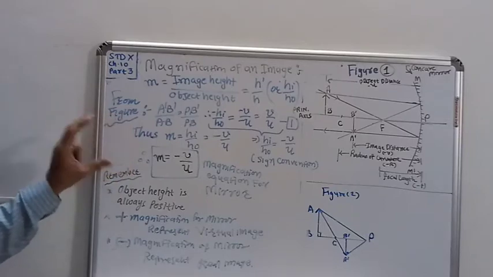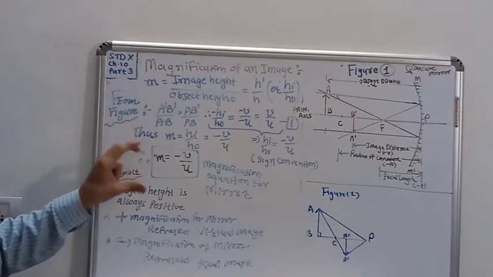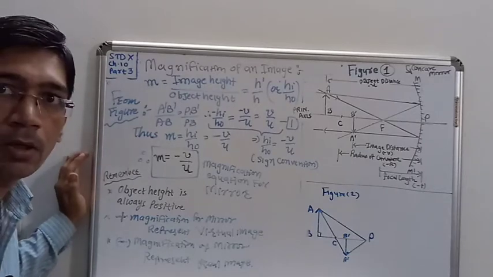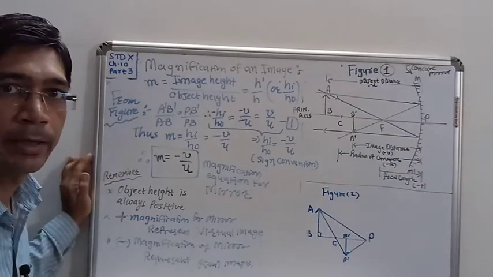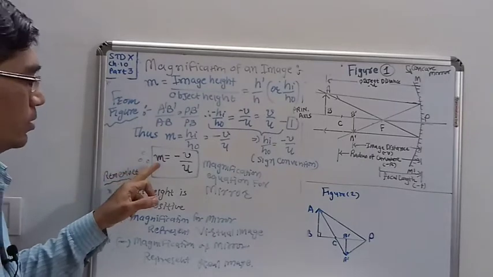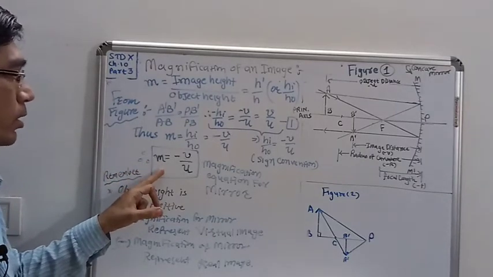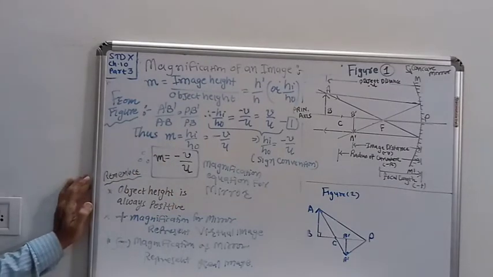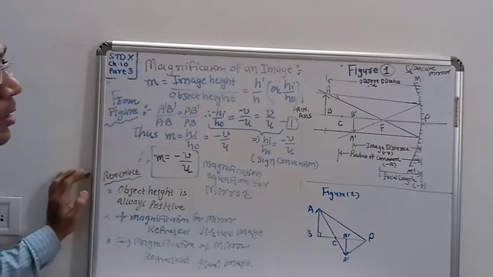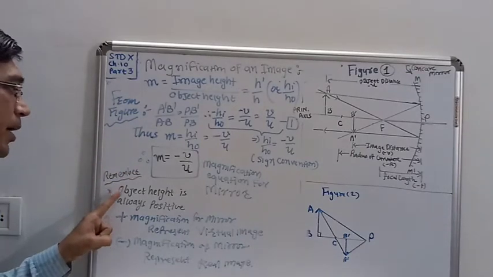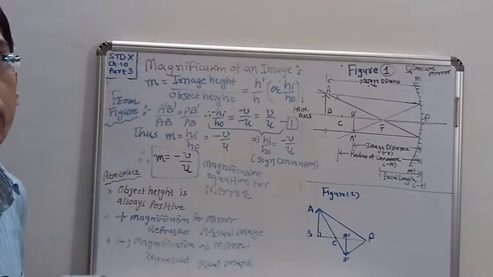So we can say that this is the magnification equation for the mirror, either convex mirror or concave mirror or any other type of mirror. For that we are taking the same equation, M is equal to minus V upon U, according to the sign convention. Remember, object height is always taken as positive.